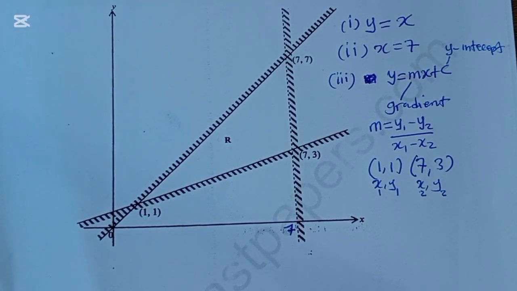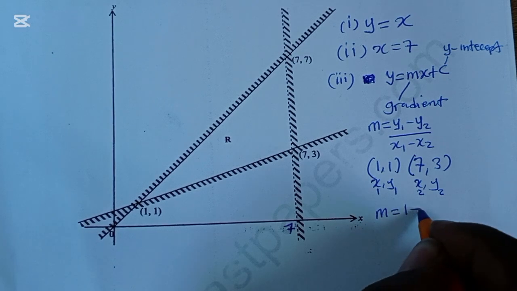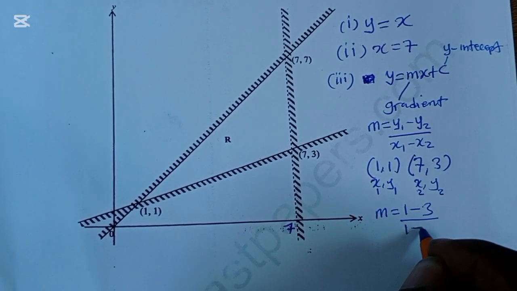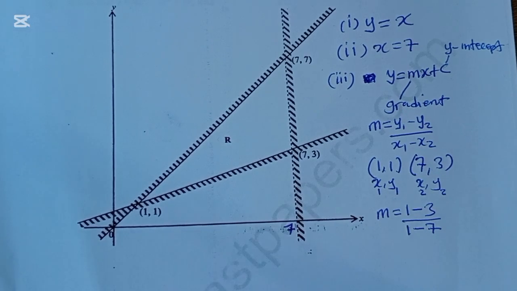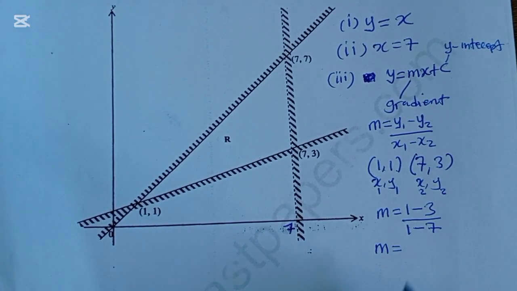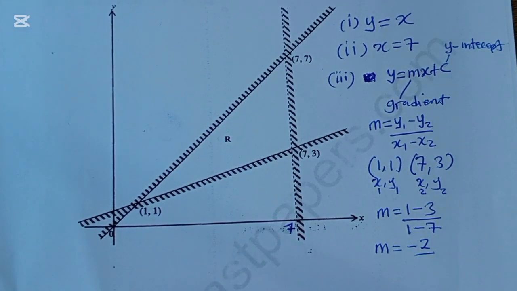So now let us ingest these values in the formula. So gradient is equal to y1 is 1, y2 is 3, x1 is 1, x2 is 7. So gradient is equal to 1 minus 3, it is negative 2. 1 minus 7, it is negative 6.